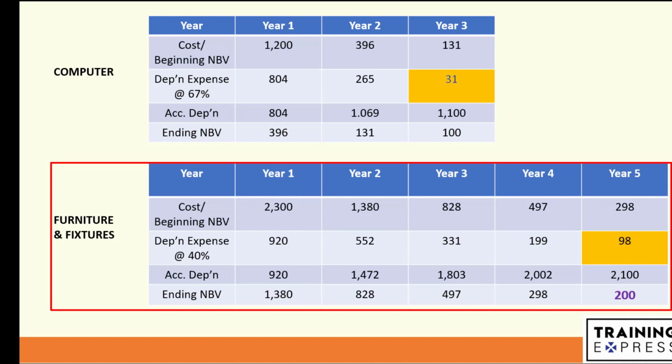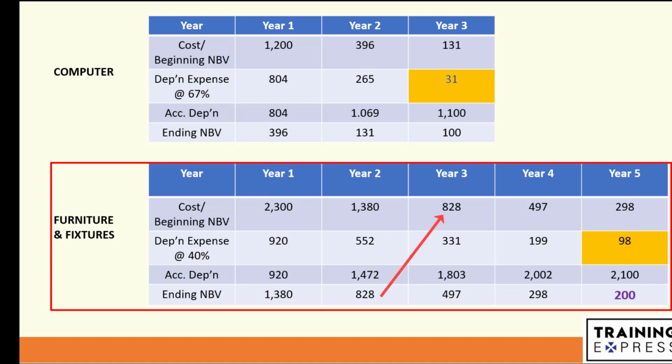Year number 2, we will start again with the beginning net book value, which is $1,380, and we will calculate depreciation at the rate of 40%, $552. Accumulated depreciation here will be $1,472, and our ending net book value, cost minus accumulated depreciation, will be $828.